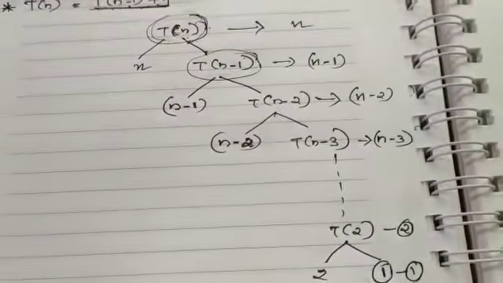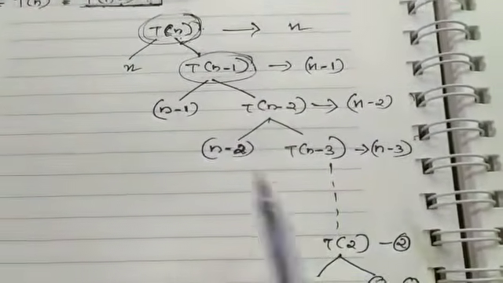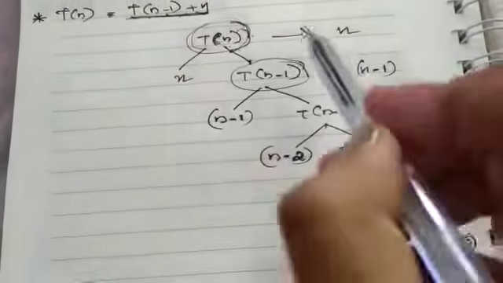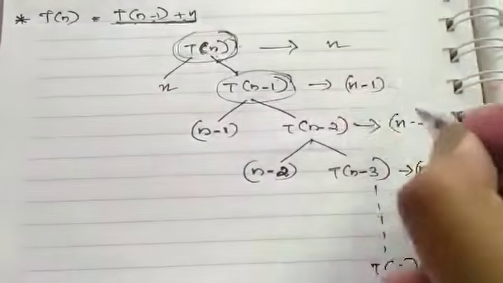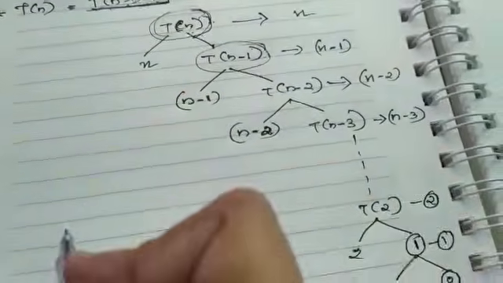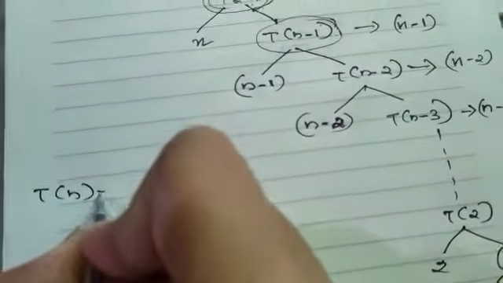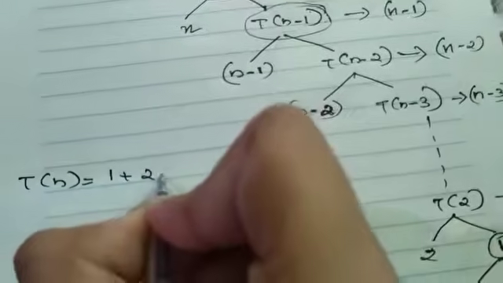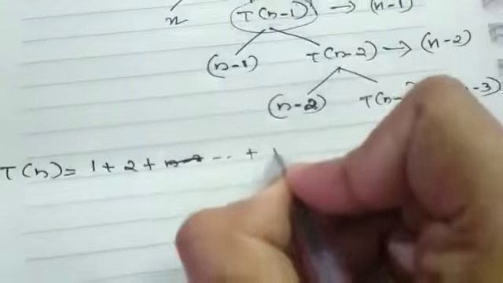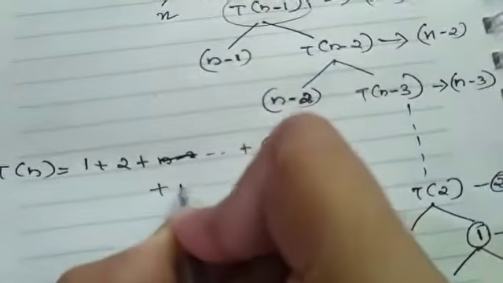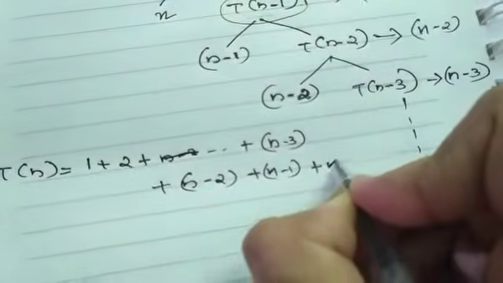Okay, now I know the time complexity of each step. Then how can I calculate the time complexity of this whole algorithm? For that, I am just adding all these terms. Then I can write T(n) is equal to 1 + 2 + etc. + n-3 + n-2 + n-1 + n.